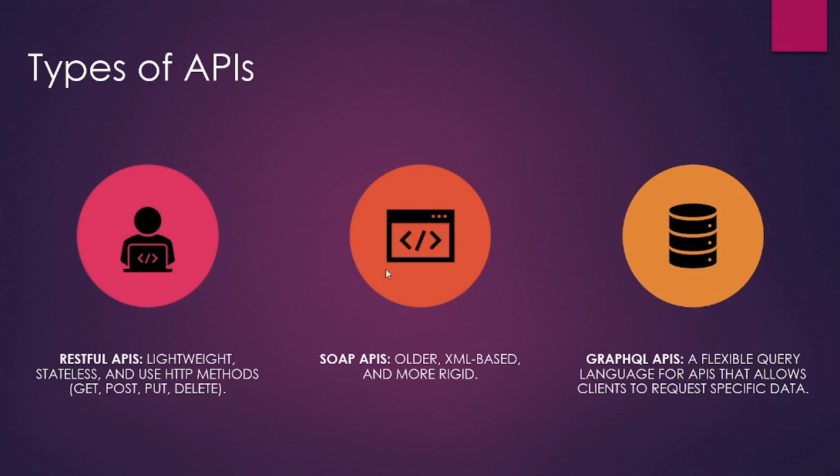The other one is the SOAP APIs, which are the older ones, are XML based and are more rigid. The third one is the GraphQL APIs, which are a more flexible language for APIs that allows clients to request specific data. So in our testing series, we will primarily focus on RESTful APIs, which are widely used today.